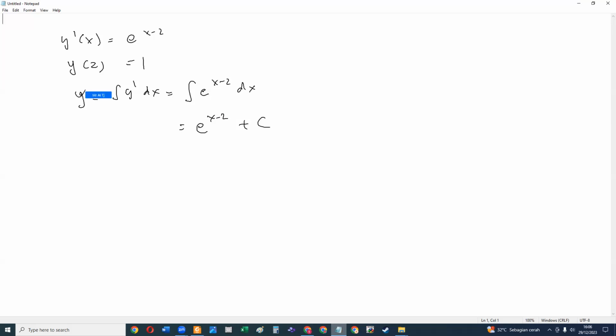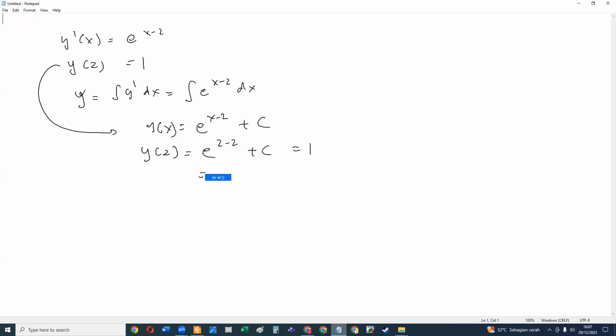That's y of x. To find the constant c, we substitute the value: y of 2 is e to the power of 2 minus 2 plus c.